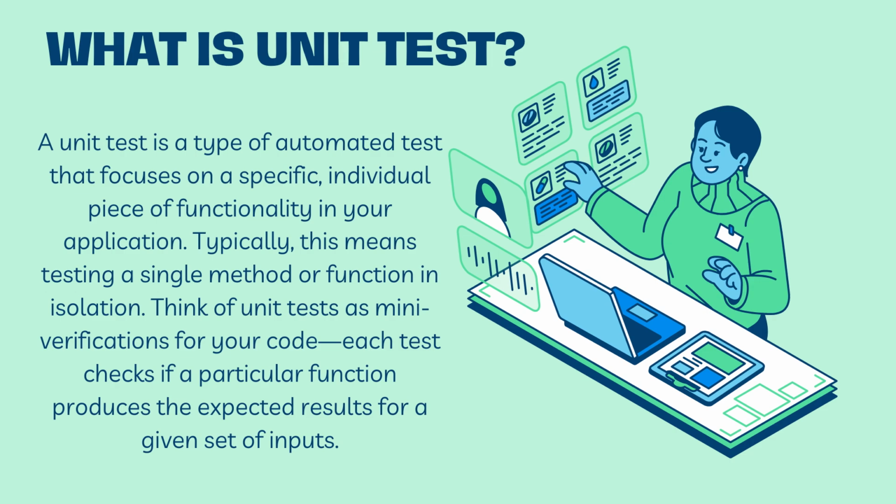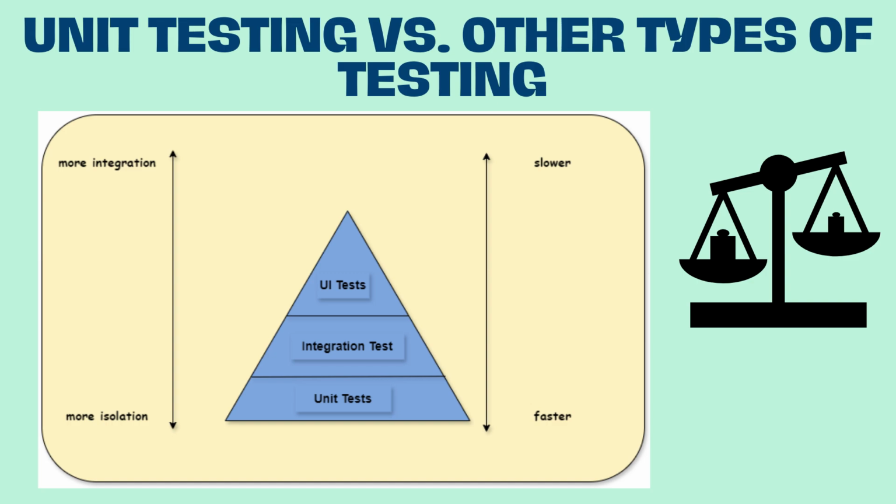So let's understand unit testing and how it differs from the different types of testing. If you see this, testing can be categorized at a high level into three: UI testing, or you can say end-to-end testing, then integration testing, and then unit testing, right?